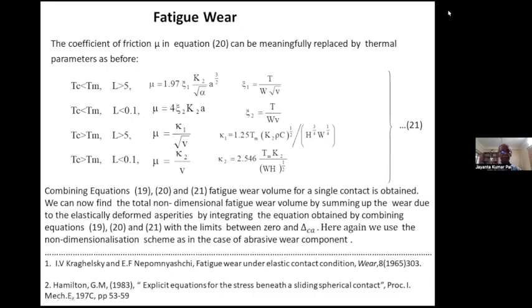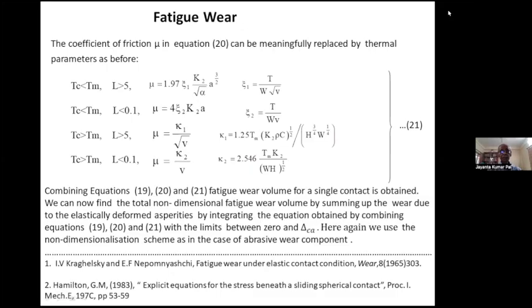Here, it is important to note we consider only the elastically deformed asperity because it is the elastically deformed asperity that are likely to contribute to fatigue wear. Plastically deformed asperity would contribute to abrasion.